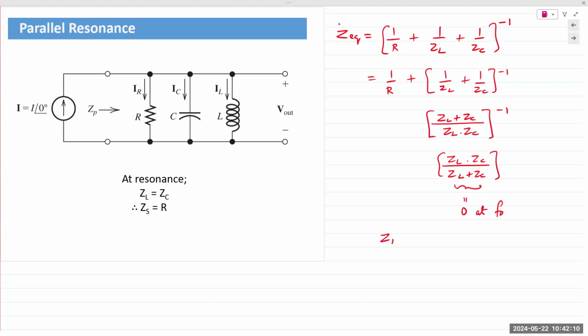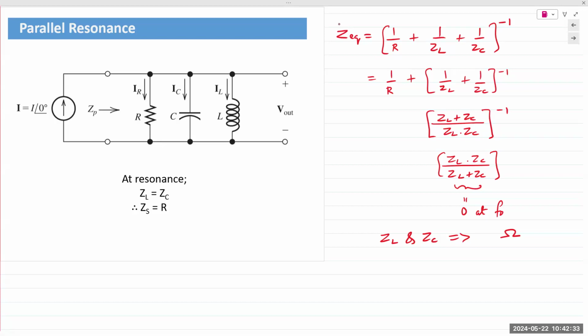Hence, the parallel combination of ZL and ZC goes to infinity. The effective parallel combination of the inductor and capacitor results in an infinite impedance.